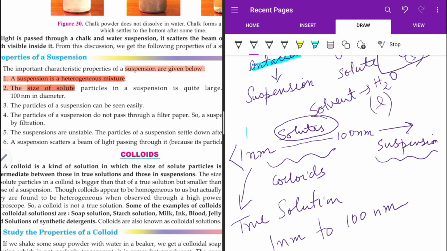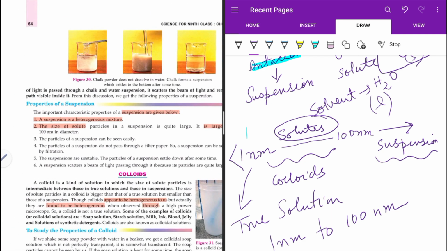Colloids appear to be homogeneous, but actually they are found to be heterogeneous under a high power microscope. It is not a true solution. Examples: soap solution, starch solution, milk, blood, ink, jelly, solution of synthetic detergents.